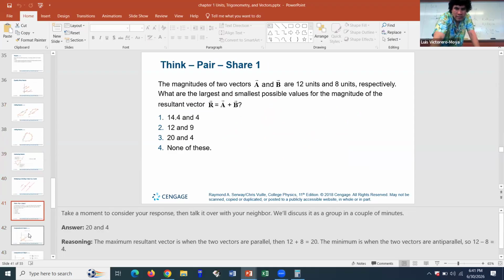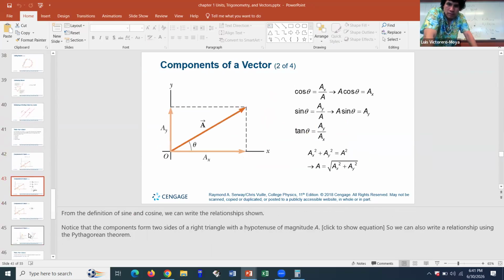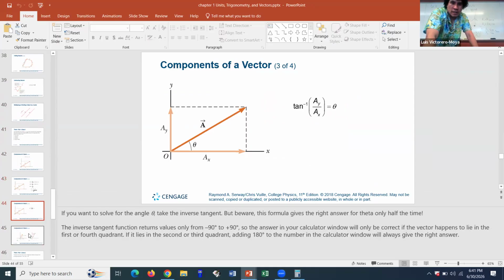That was kind of the example with different numbers. And this is what we just did, the components of a vector. And don't forget, that's how you find the magnitude of the vector, using the X and Y components. And that's the angle there.